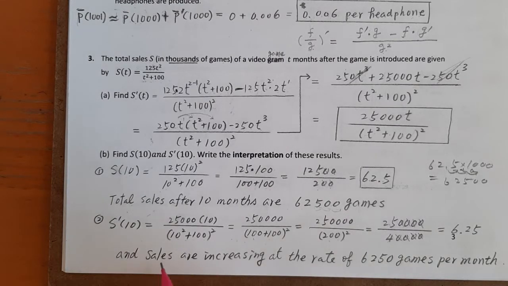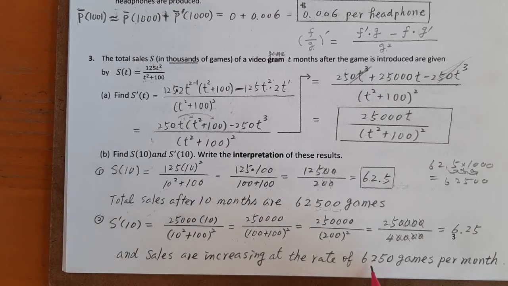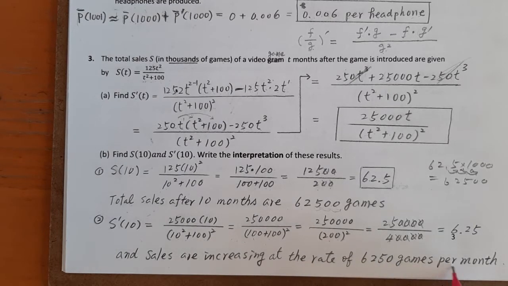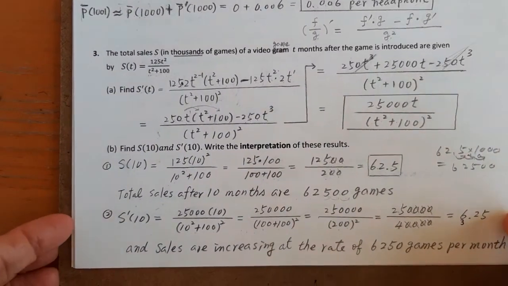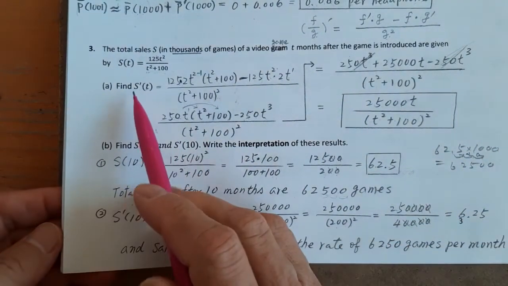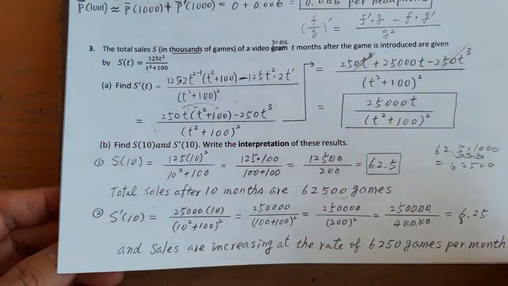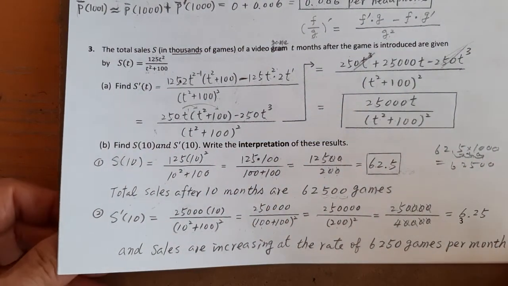So this means after 10 months, the sales are increasing at the rate of 6,250 games per month. Because this is a derivative and t is the months, it's per month.